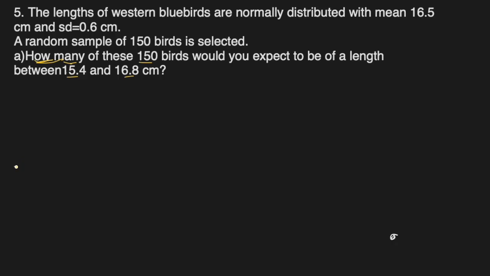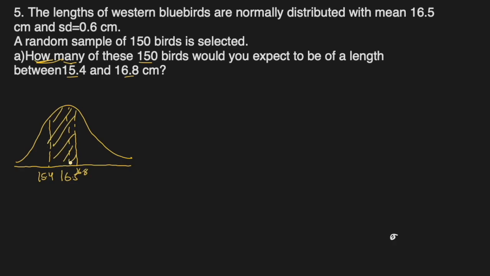So let's try to visualize this. If this is the normal distribution and the mean is 16.5, we want to see how many are between 15.4, which I'm assuming is here, and 16.8, which will be closer to 16.5. This area we have to find. So my plan is to find what percentage will be under 16.8.